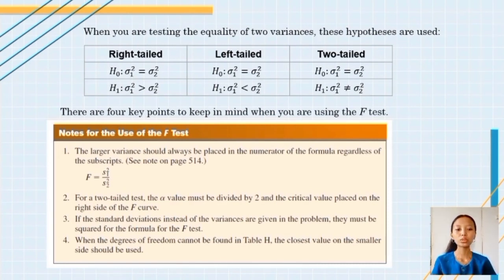Second, for a two-tailed test, the significance level value must be divided by 2, as I've stated earlier, and the critical value placed on the right side of the F-curve. Third, if the standard deviations instead of the variances are given in the problem, they must be squared for the formula for the F-test. And the last one is, when the degrees of freedom cannot be found in Table H, the closest value on the smaller side should be used.